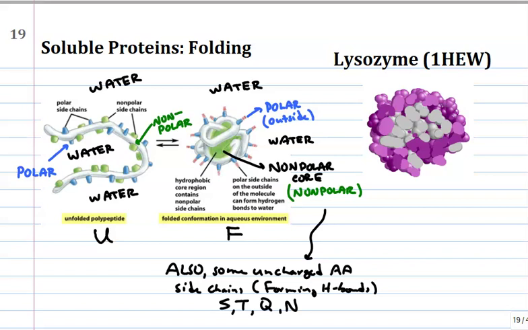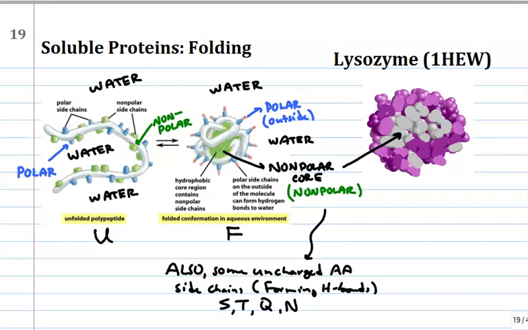Now, at some point in the class, I'm going to show you structures of proteins, and we're going to color them by polarity. I'm going to take a molecular knife and slice in the middle of them. And when we do that, we're going to see this representation of a protein called lysozyme. It's an enzyme, but it's a protein as well, so let's just call it a protein. The nonpolar core is going to be represented in gray.